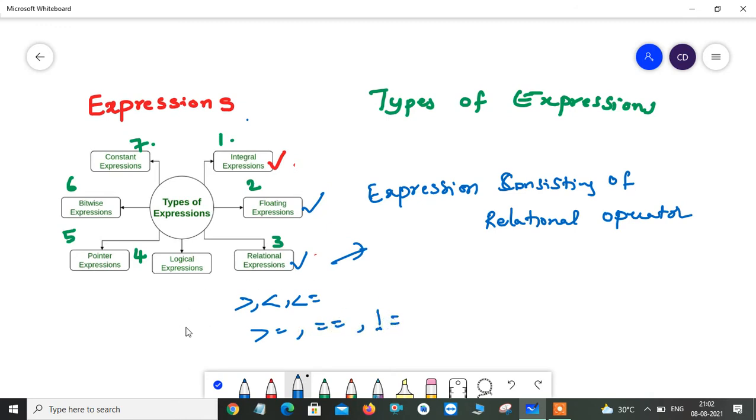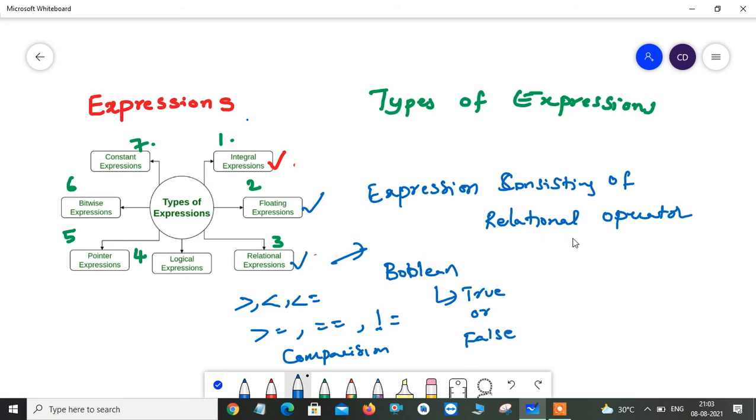Every operator is used to make comparisons. You can create an expression consisting of any type of operand, whether integer, floating point, double or character. If it comprises relational operators, then it is said to be a relational expression. Remember, relational expressions always return a value of type boolean, so it will return either true or false.